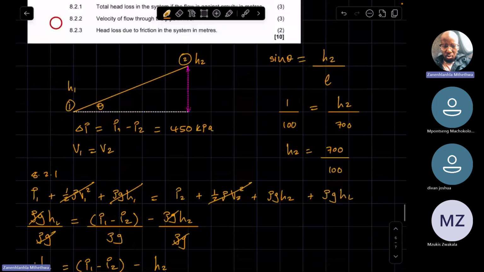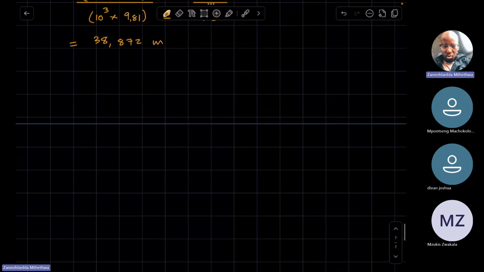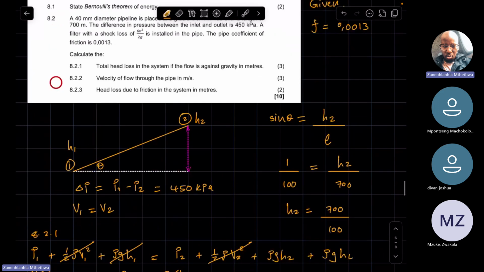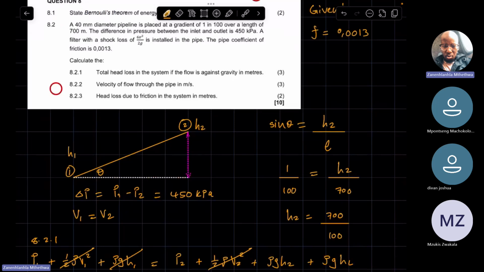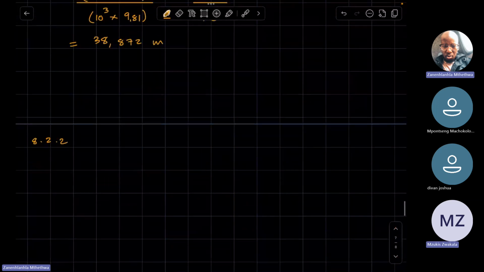Now let's look at 8.2.2. Calculate the velocity of flow through the pipe in meters per second, right? They want us to calculate the velocity of flow through the pipe in meters per second. So with this one, we simply use the formula to calculate the total head loss.